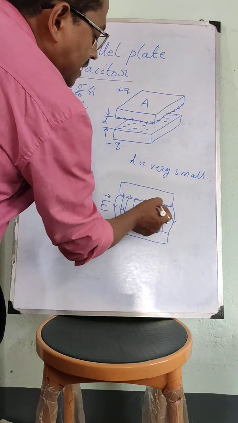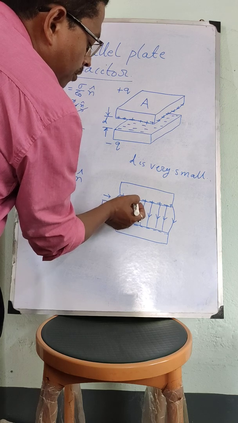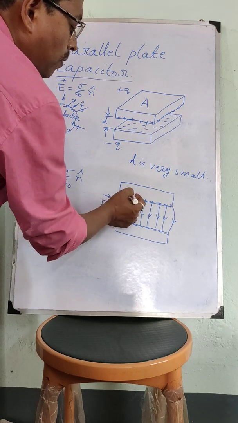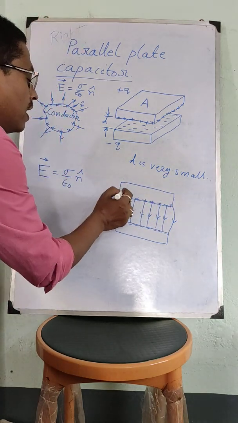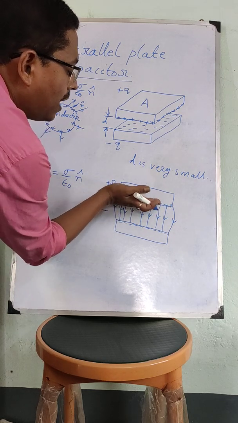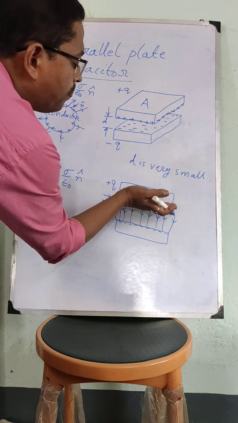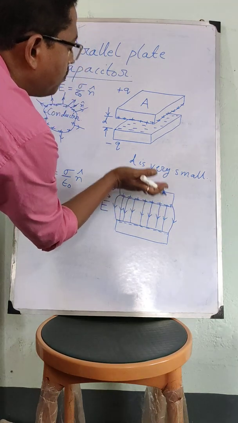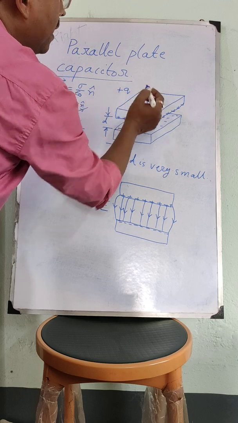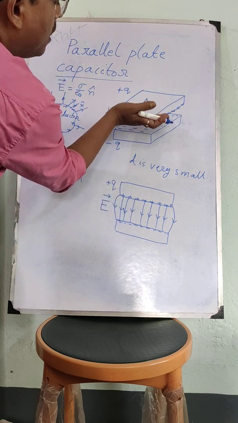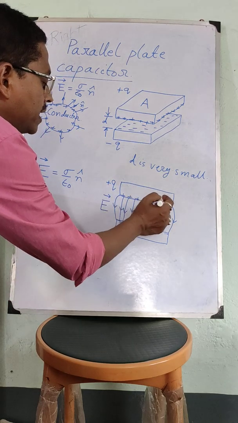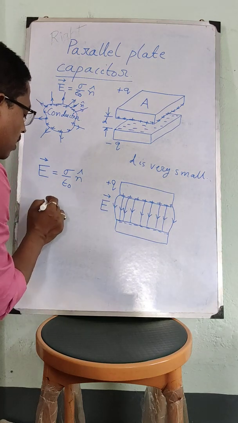Now since I have positive charges here and field lines are going from this direction to this direction, I am considering the charge density of the upper plate. So the net charge here is plus Q, and the area of the lower surface of the upper plate is A. See, this area is A. So the area of the lower surface of the upper plate will also be A, and charges are distributed uniformly.